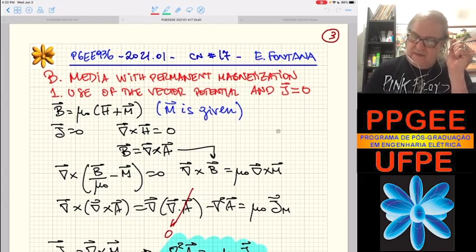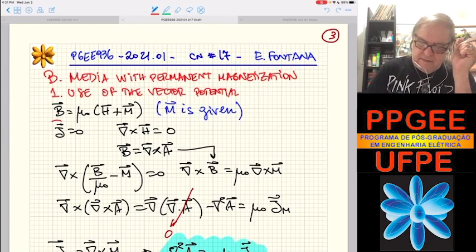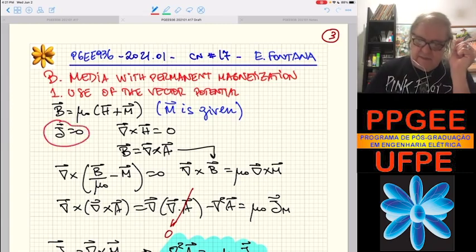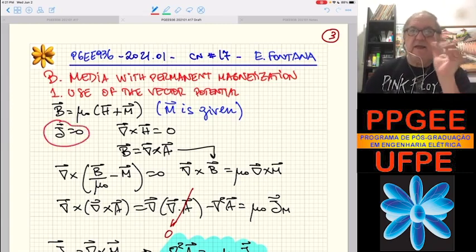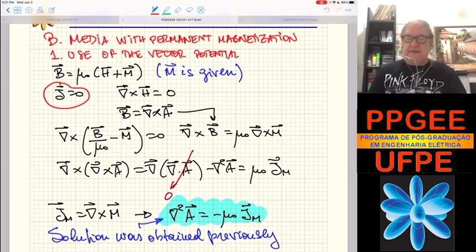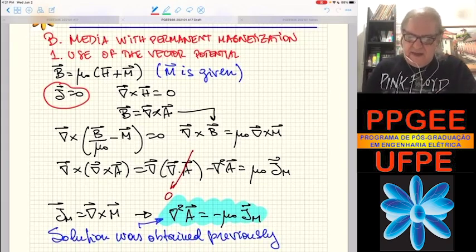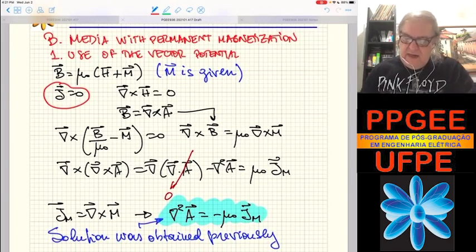So I'm going to erase this. First case is this case here. Let's assume that J is different than 0. So what happens? Then we're going to say what's the modification we have to do for J different than 0.